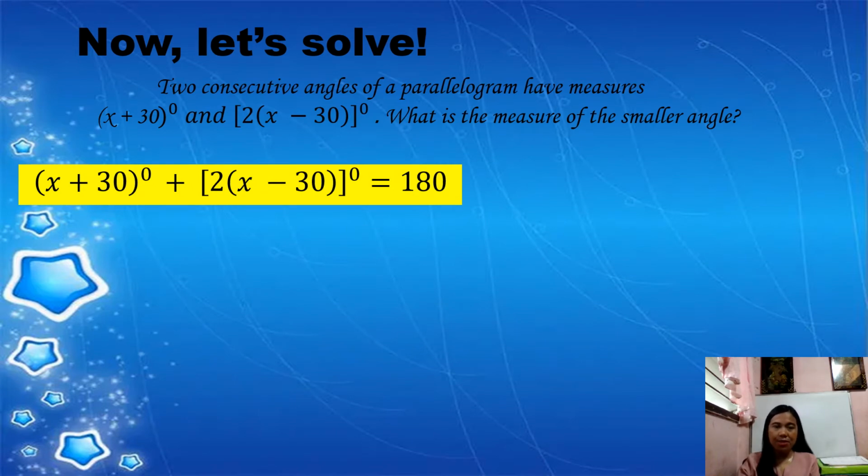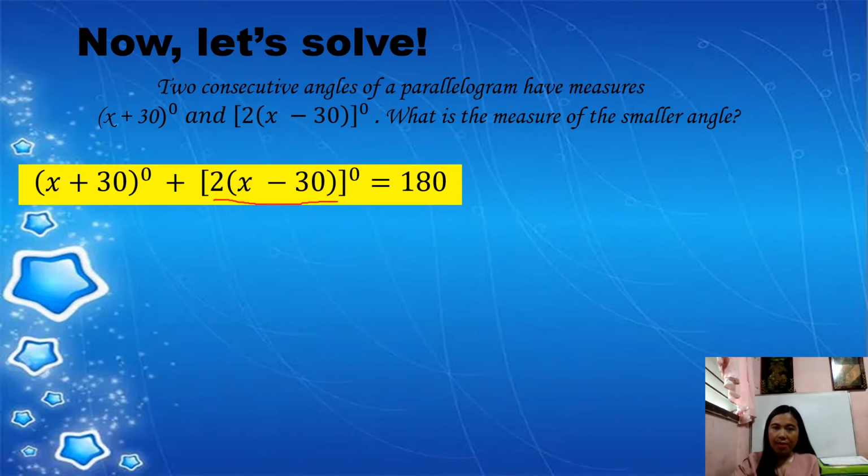Consecutive angles are supplementary. By the PEMDAS rule, meaning parentheses, exponents, multiplication, division, addition, and subtraction, we will start with 2 times x minus 30.